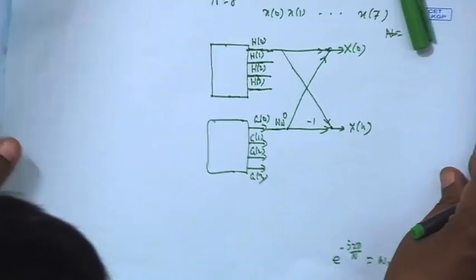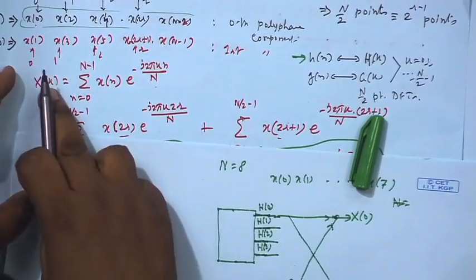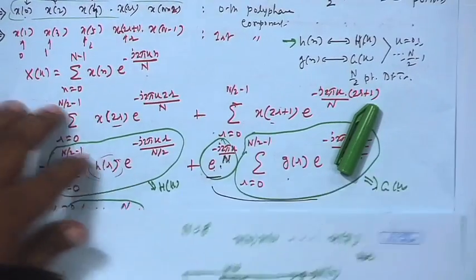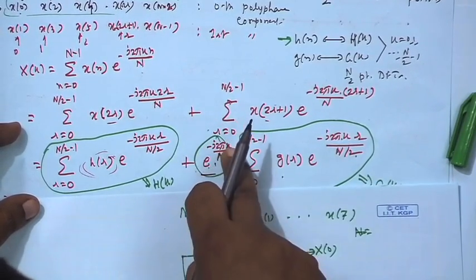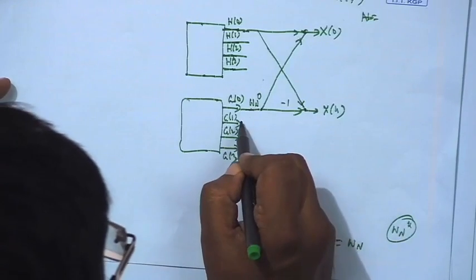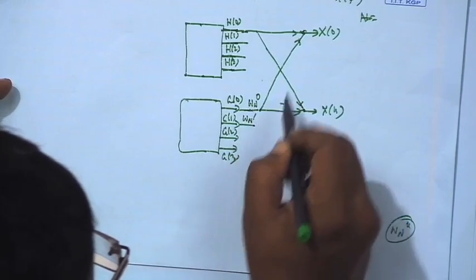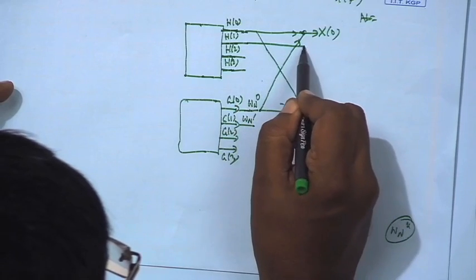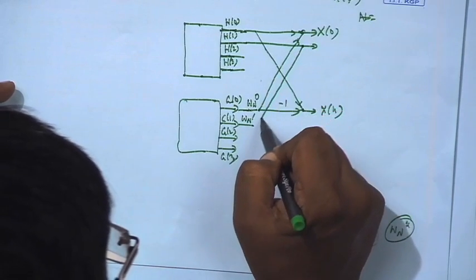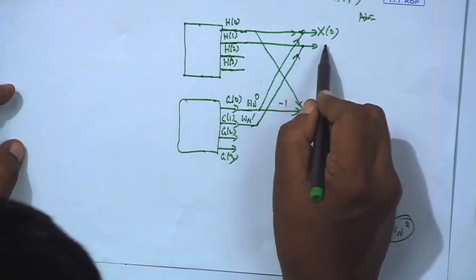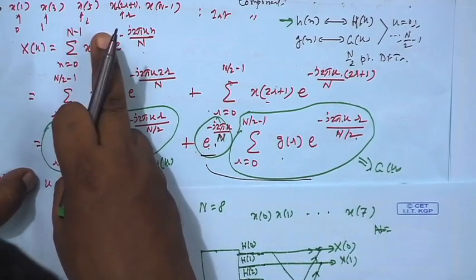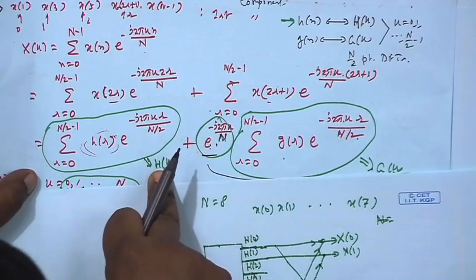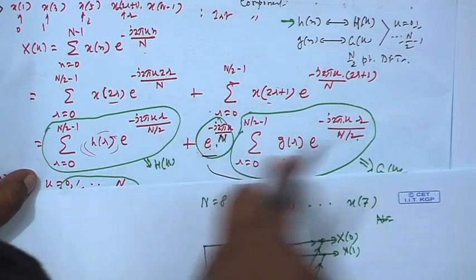Similarly, by the same way, suppose here you want to find out capital X 1. So, it will be h 1 plus g 1 into W n to the power 1. So, that means g 1 into W n to the power 1, this will be added, we get x 1. And now instead of capital X 1, if k jumps from 1 to 1 plus n by 2, which is 4, so 1 to 5, you will have the same h, same g, that is h 1, h 5 same, g 1, g 5 same.